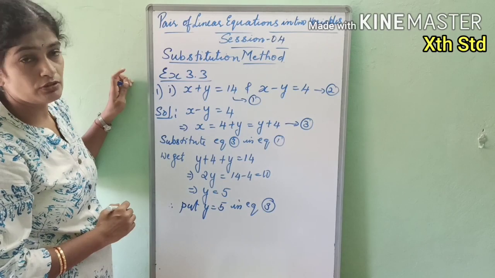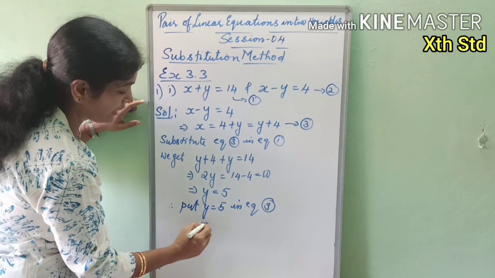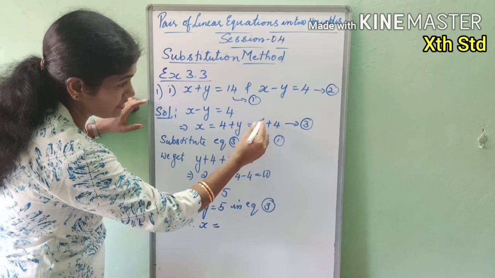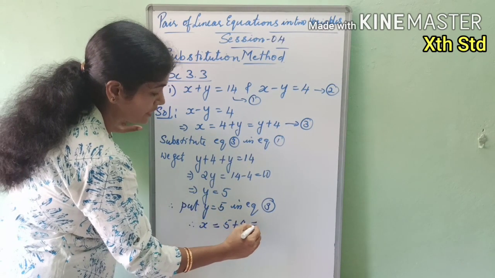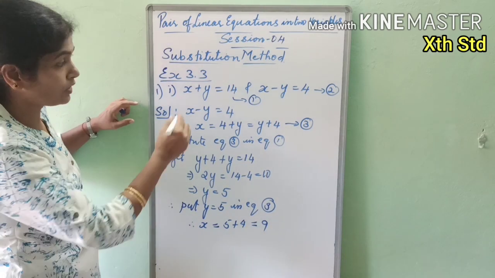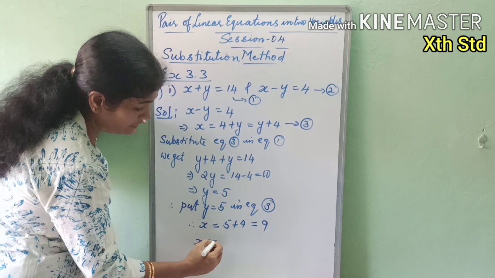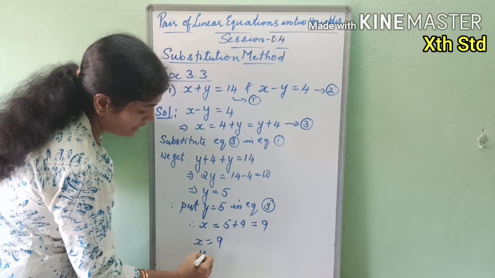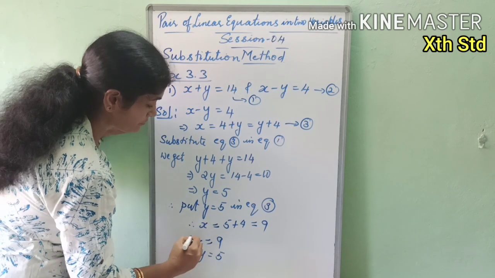Put y equal to 5 in equation 3. So what will be the value of x? Therefore x is equal to, instead of y I am putting 5, so 5 plus 4, that is 9. So the common solution of this pair of linear equations in two variables is x equal to 9 and y equal to 5.